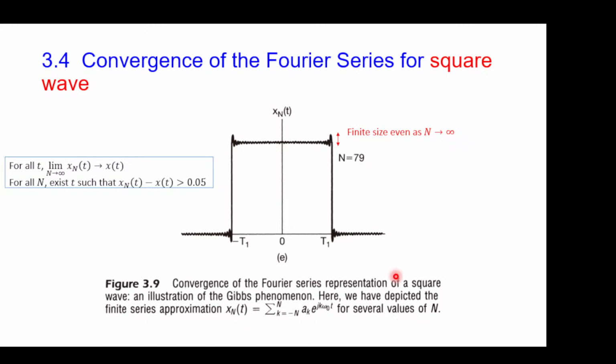And this is called the Gibbs phenomenon. If you are trying to approximate a discontinuous function with a Fourier series, then you will get this Gibbs phenomenon, where you get a finite overshoot that always exists even when n goes to infinity.